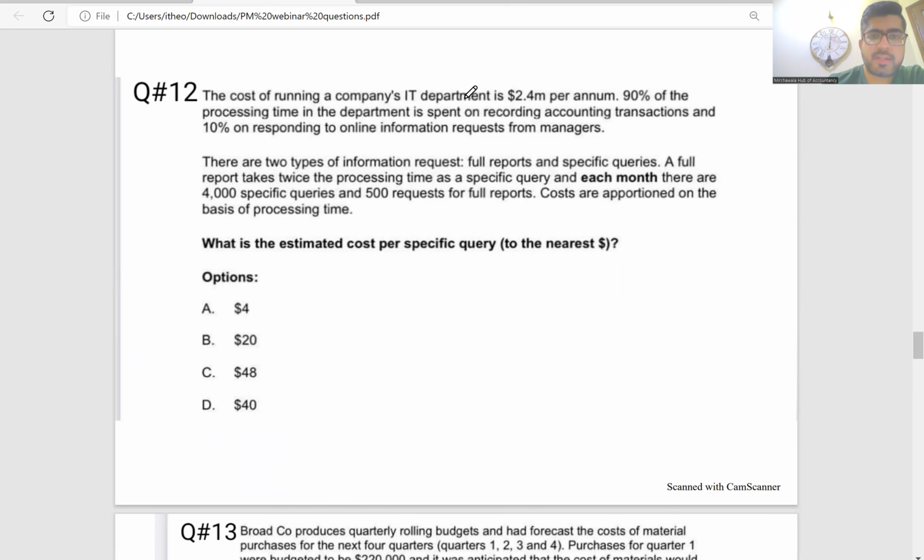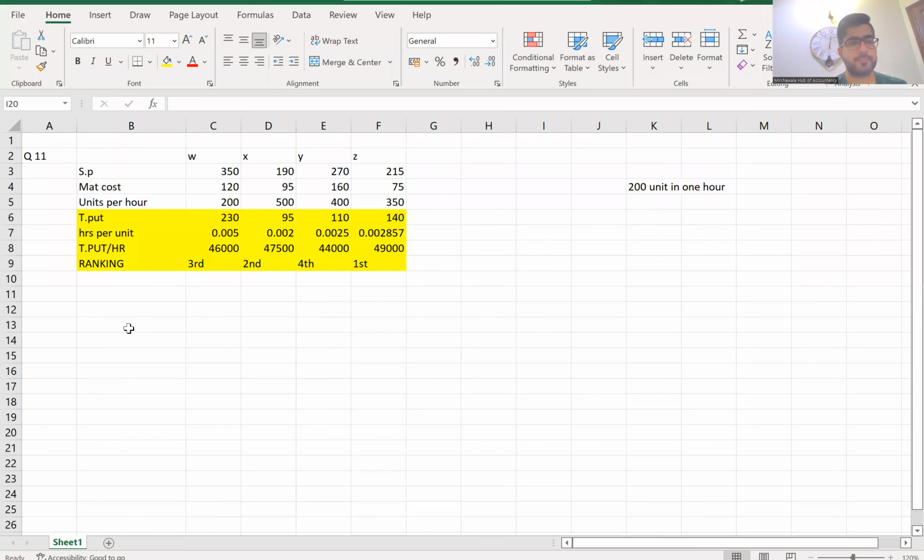The cost of running a company's IT department is 2.4 million per annum. 90% of the time in the department is spent on recording transactions and 10% on responding to online information requests from managers. Okay. Question 12.